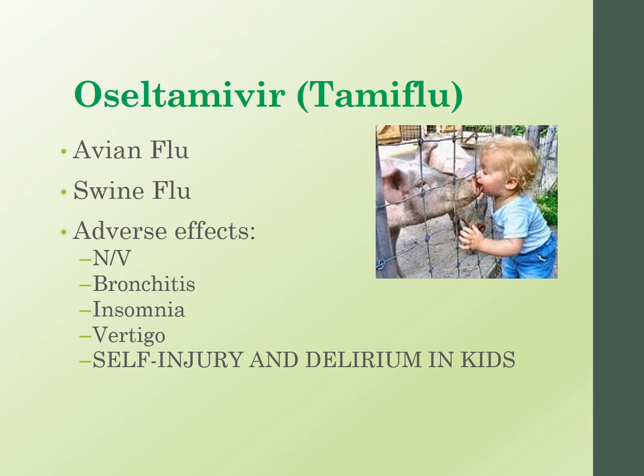Someone taking Tamiflu, we would want to know again about allergies, liver or kidney dysfunction, pregnancy or lactation status, a physical assessment baseline, orientation, vital signs, and lung sounds related to what it is that we're treating them for.